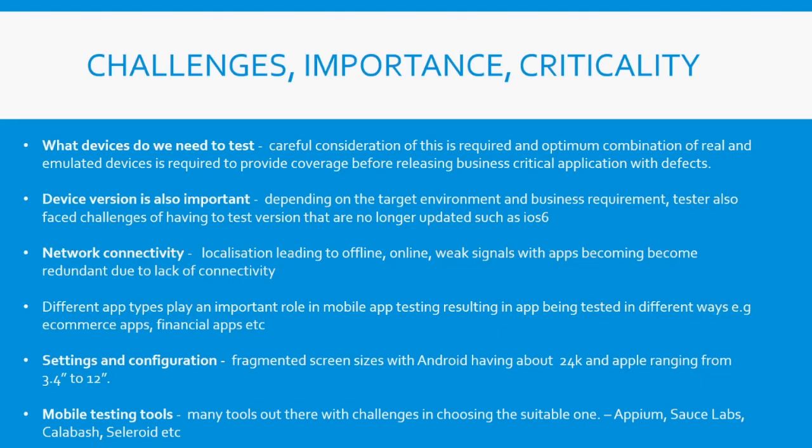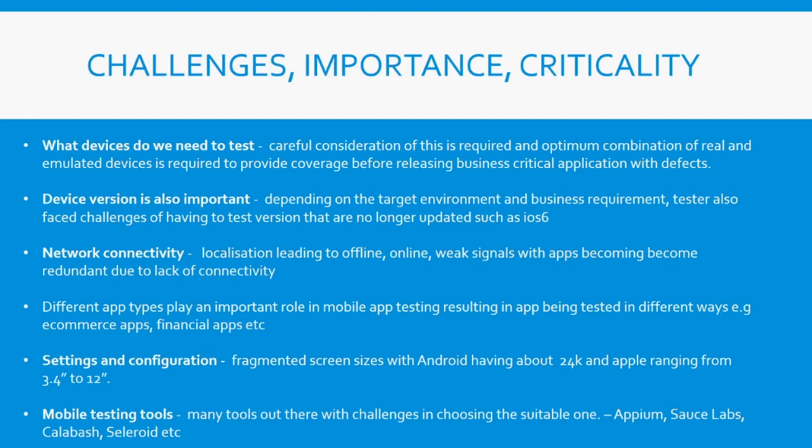And right, so one other thing which is important for you to know as a mobile tester is what device version is important. Depending on the target environment and business requirements, a tester needs to have an understanding of the version that they are going to test the application against.